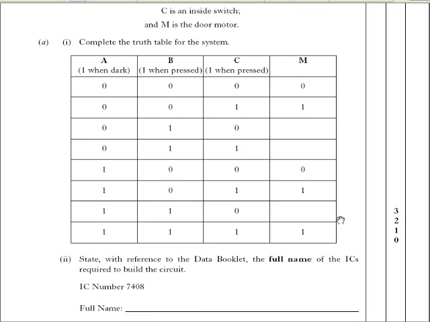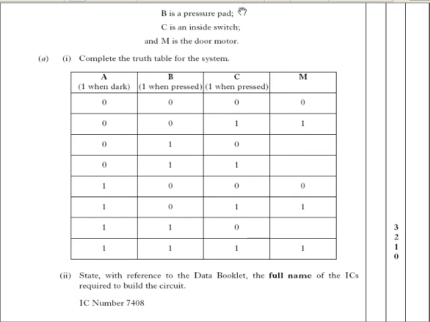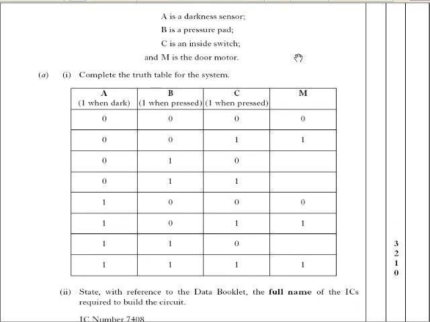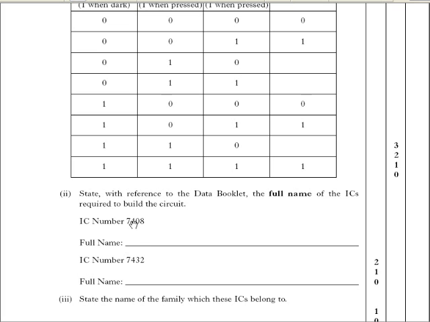State with reference to the data booklet, the full name of the ICs required to build the circuit. Right, so we need an AND gate, which is a 7408, and we need an OR gate, 7432. The full name of the AND gate is a quad 2-input AND gate.